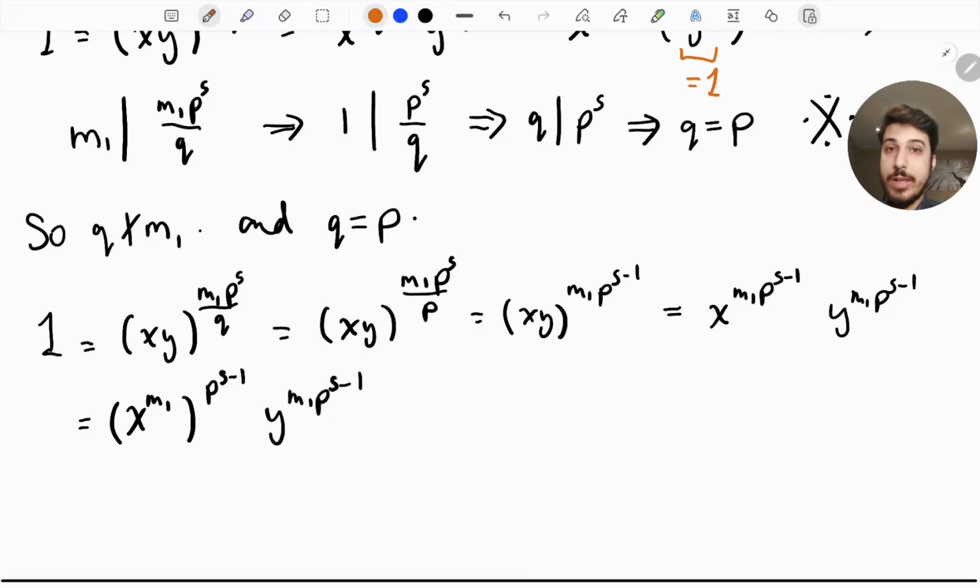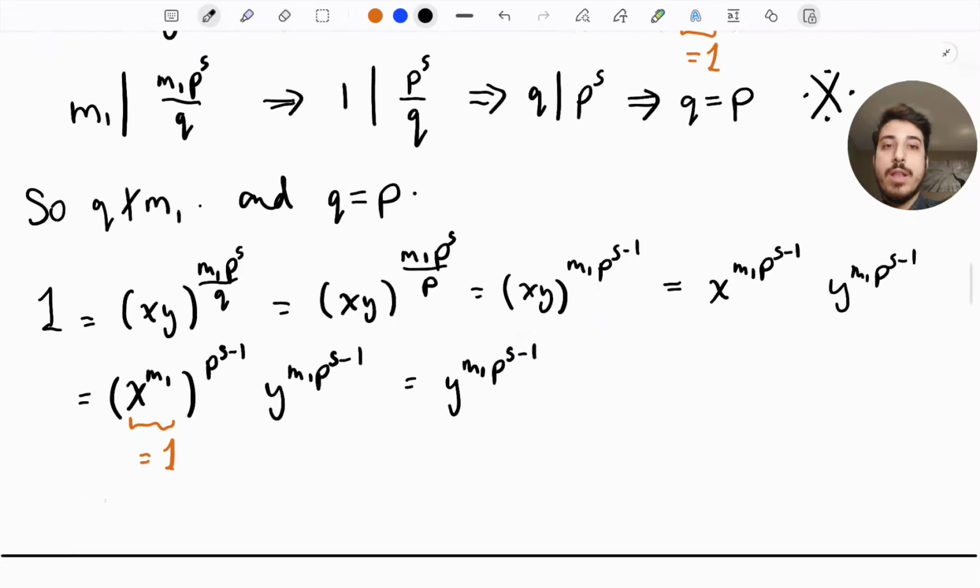And the reason I isolated that again is because x to the m1 is equal to the identity, because m1 is the order of x. So this all is equal to y to the m1 p to the s minus 1. Therefore, the order of y is going to divide this number here because y to that power gives the identity element. So the order of y divides m1 p to the s minus 1.